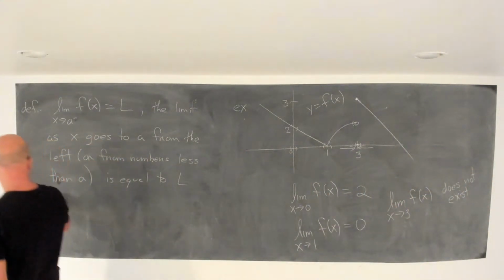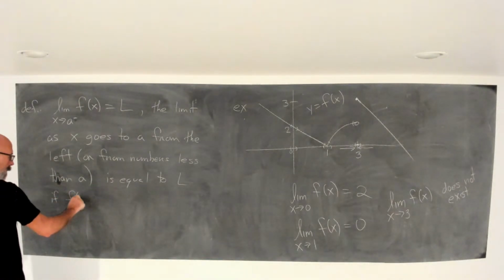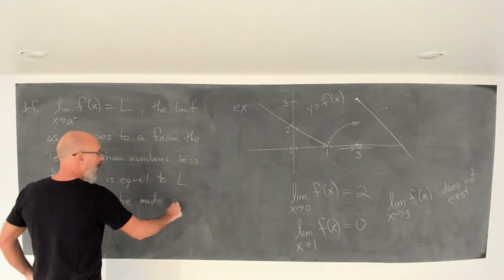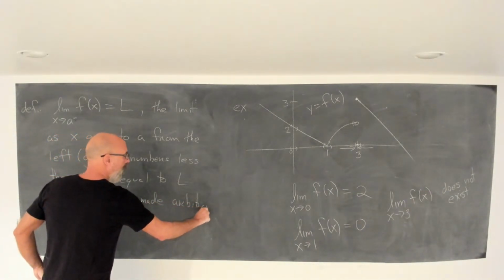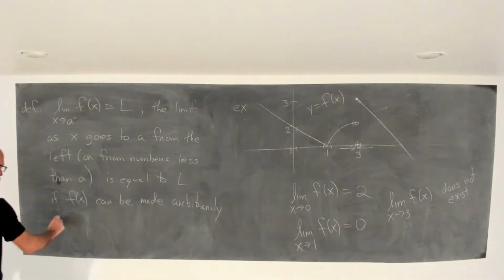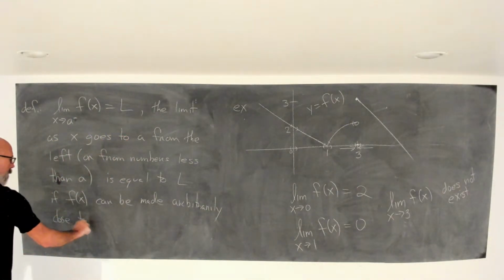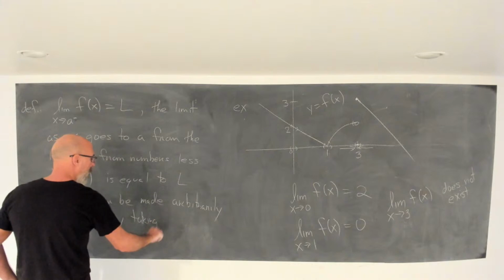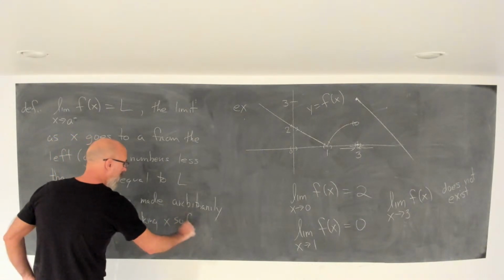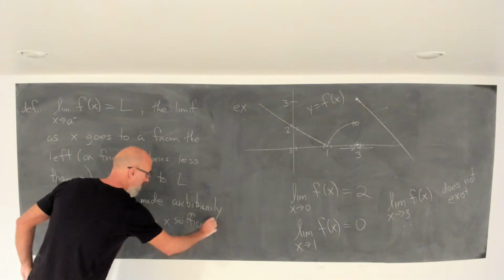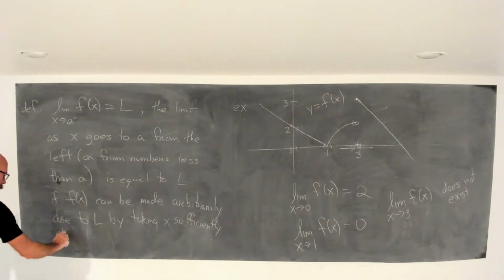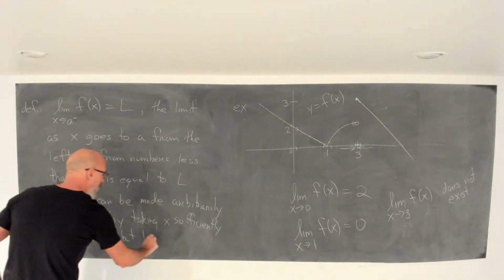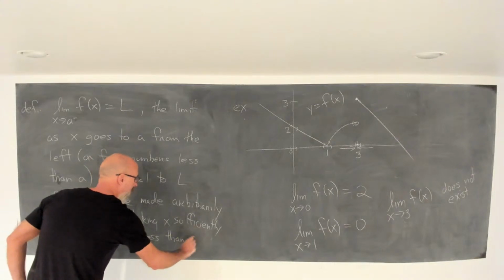If f of x can be made arbitrarily close to L by taking x sufficiently close to a, but less than a.